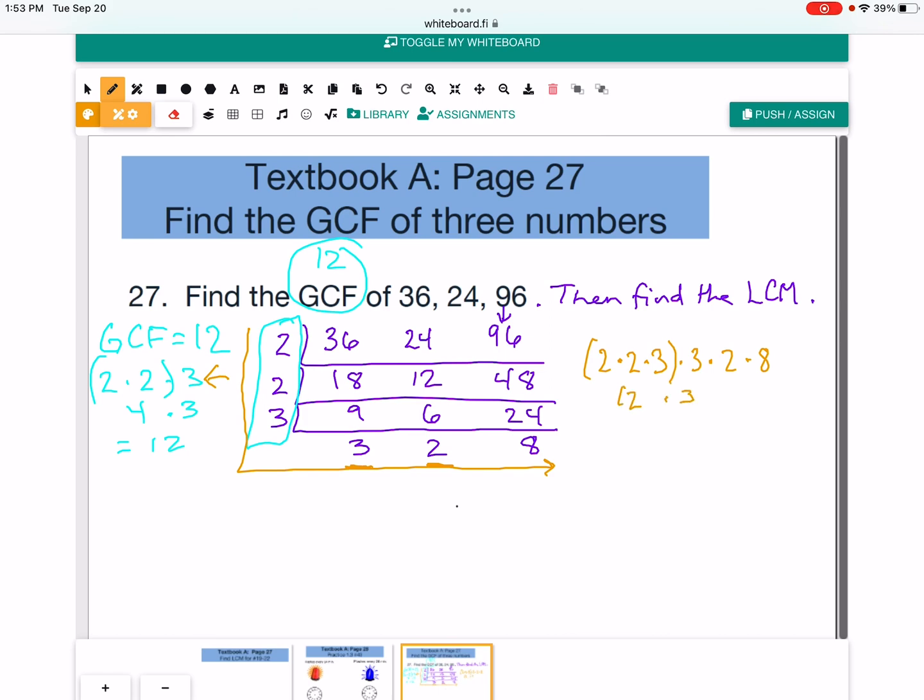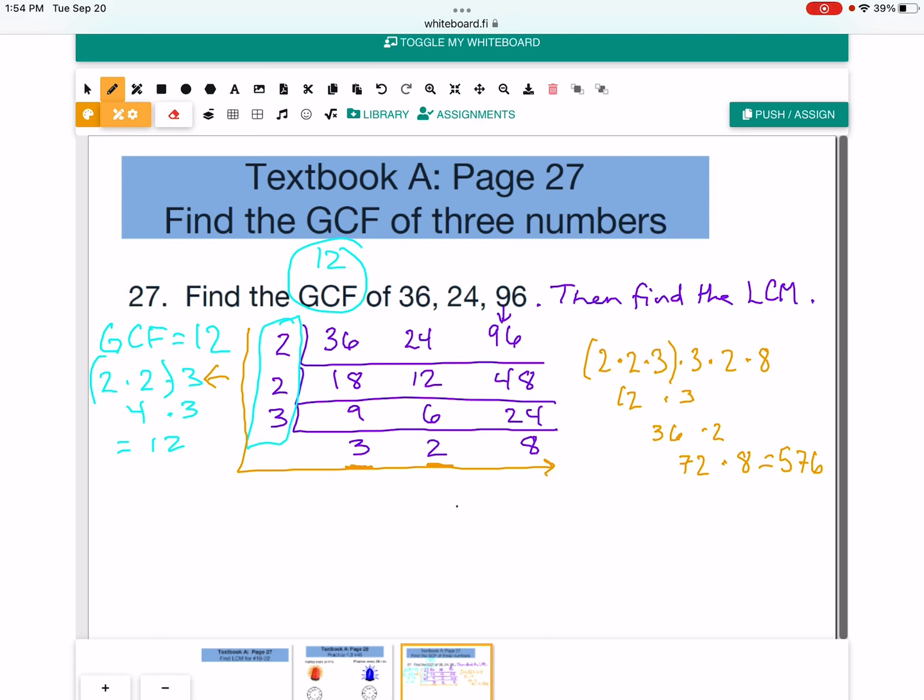Times 3, that's going to give me 36. Times 2 is going to give me 72. Times 8. Well, how do we do this in our head? 8 times 7 is 56. I know that fact. And 8 times 7 tens is 560. Plus 8 times 2, which is 16. So 16 and 560 is going to give me 576.